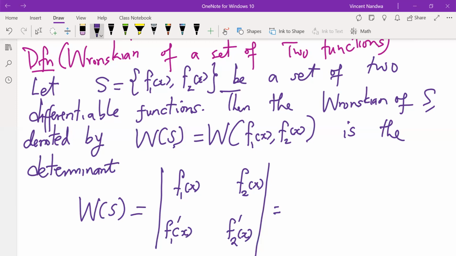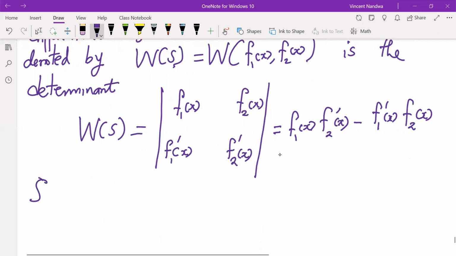This is the same as f1 of x times f2 prime of x minus f1 prime of x times f2 of x. So this is simply a 2 by 2 determinant.